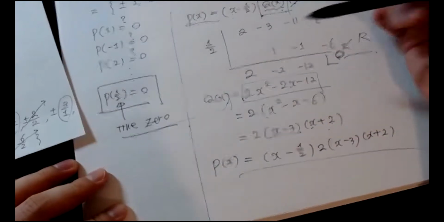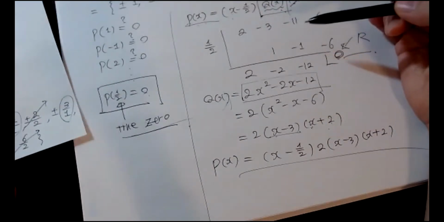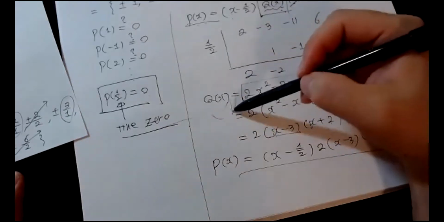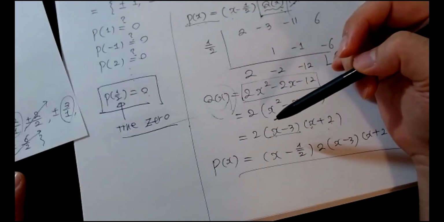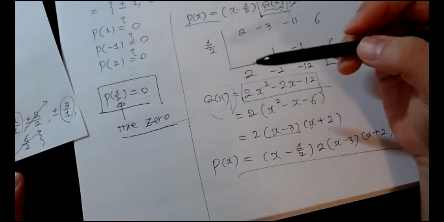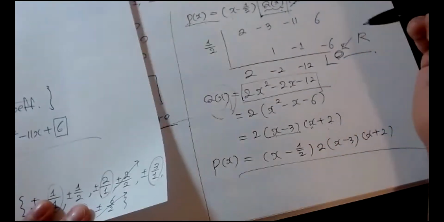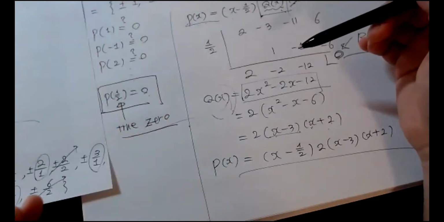Then you have to find the possible zeros of q of x to find the actual zero, and then divide. It's literally just repeating the process we did in this example.